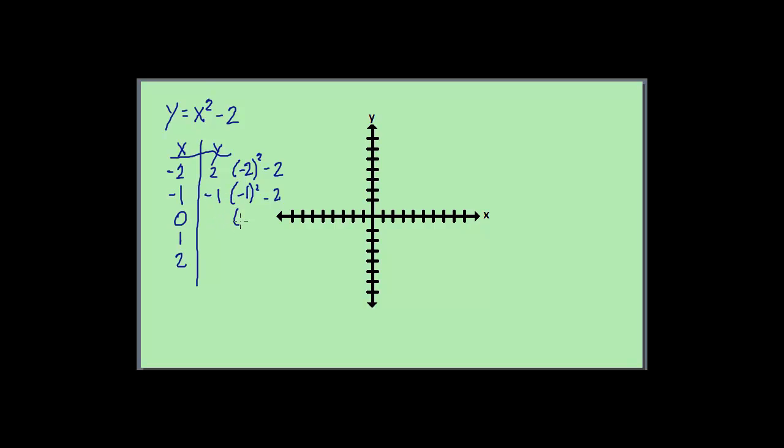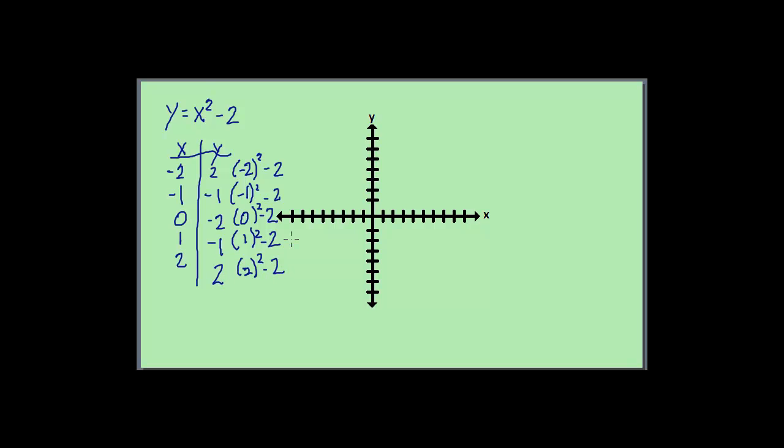And then I've got 0 squared minus 2, and that would be negative 2. Then I've got 1 squared minus 2, and that would be negative 1 once again. And then I've got 2 quantity squared minus 2, and that would be 4 minus 2 is 2.